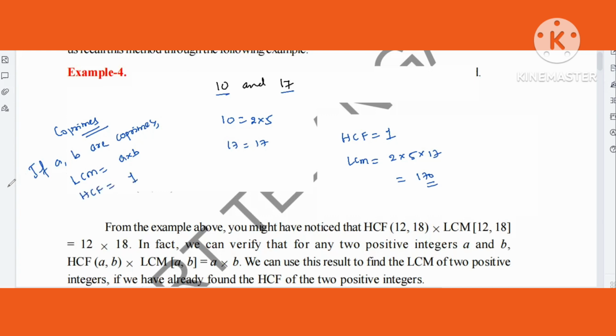This is most important. If A and B are co-primes, LCM is equal to the product of the numbers, and HCF is equal to 1. This is important in objective type questions also, so you have to remember it. Don't get confused. When there is a composite and a prime number, the LCM is the product of the numbers, and HCF is equal to 1.